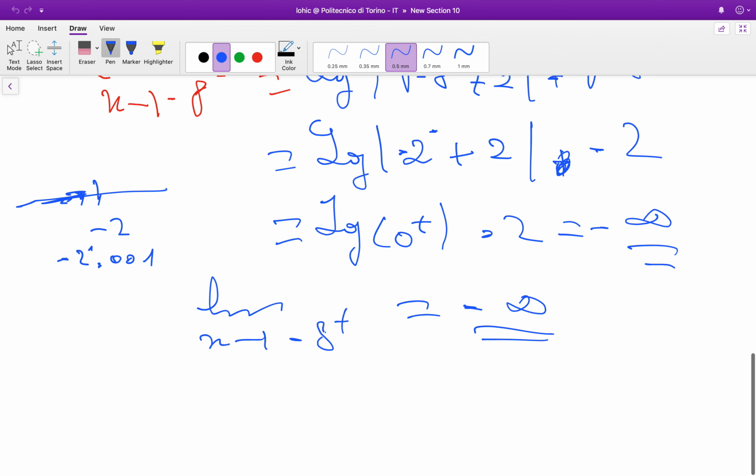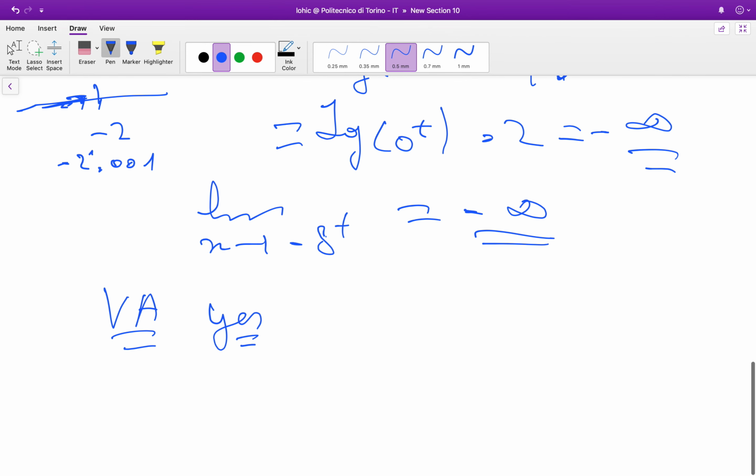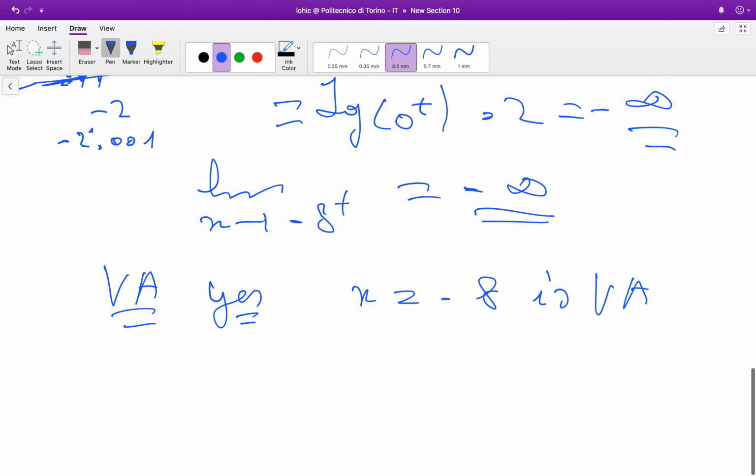So a vertical asymptote, yes. Why? Remember that we have a vertical asymptote if there is some point in which the function goes to infinity. In fact, we saw that when x tends to -8, the function goes to infinity. So x equal to -8 is a vertical asymptote.